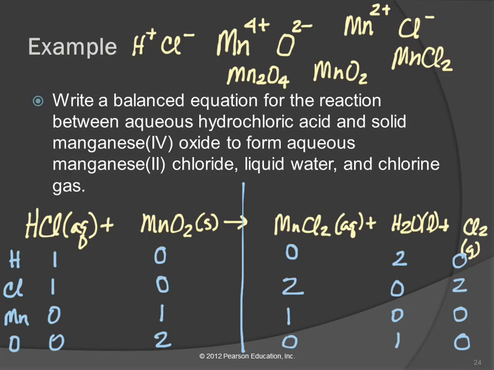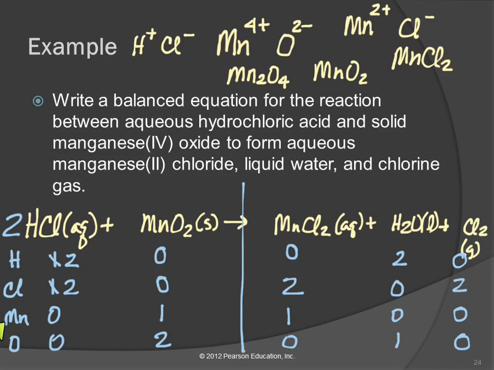So hydrogens, I've got 1 hydrogen over here, 1 plus 0, and I've got 2 over there. So I will put a 2 in front of the HCl, and now I'm going to adjust what's underneath, because now I have 2 hydrogens and 2 chlorines. And I'm going to look at it again. I've got 2 hydrogens over here and 2 over there, so the hydrogens are taken care of. I'm going to leave the chlorine till the end. So I'm going to skip him.